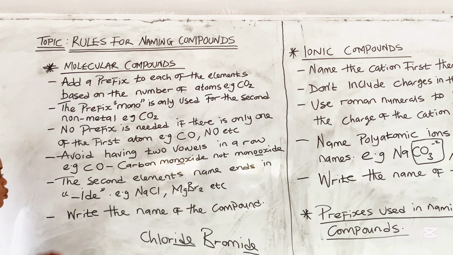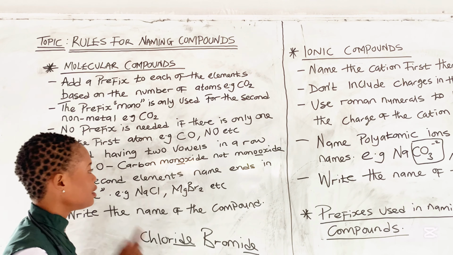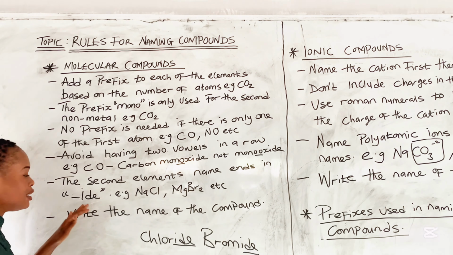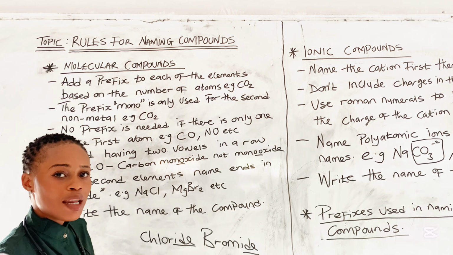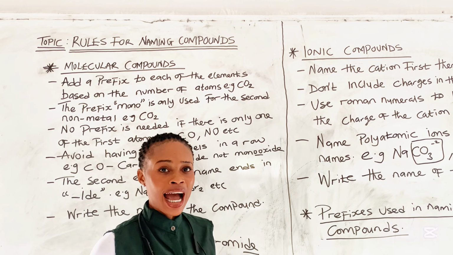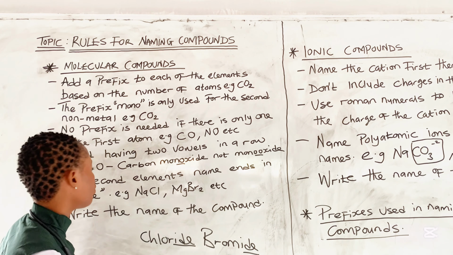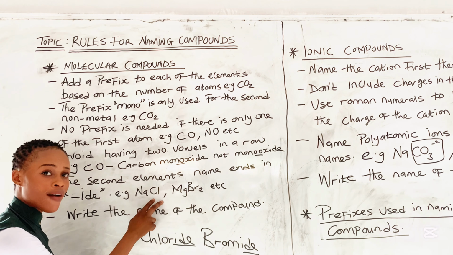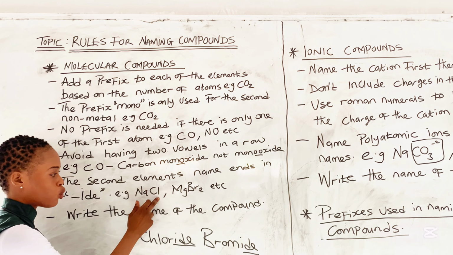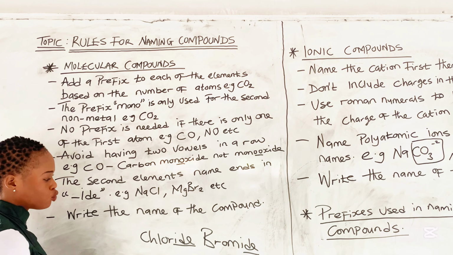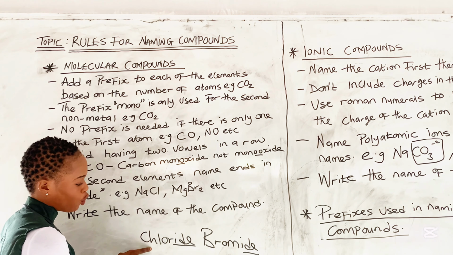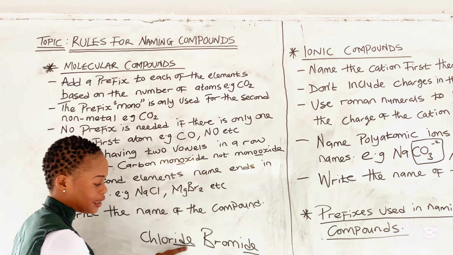Now for the fifth rule, it says the second element's name ends in IDE. For example, we have sodium chloride. This is sodium, this is chlorine. In complying with this rule, chlorine becomes chloride, IDE.